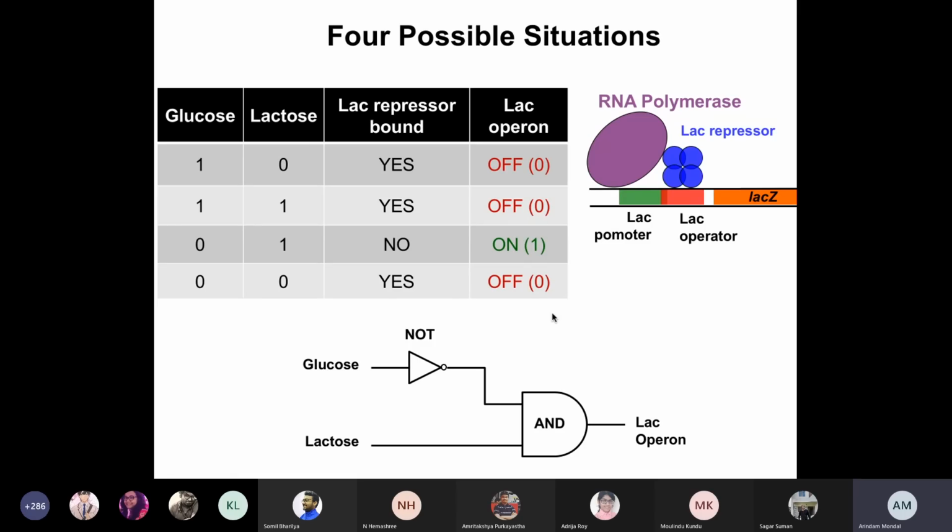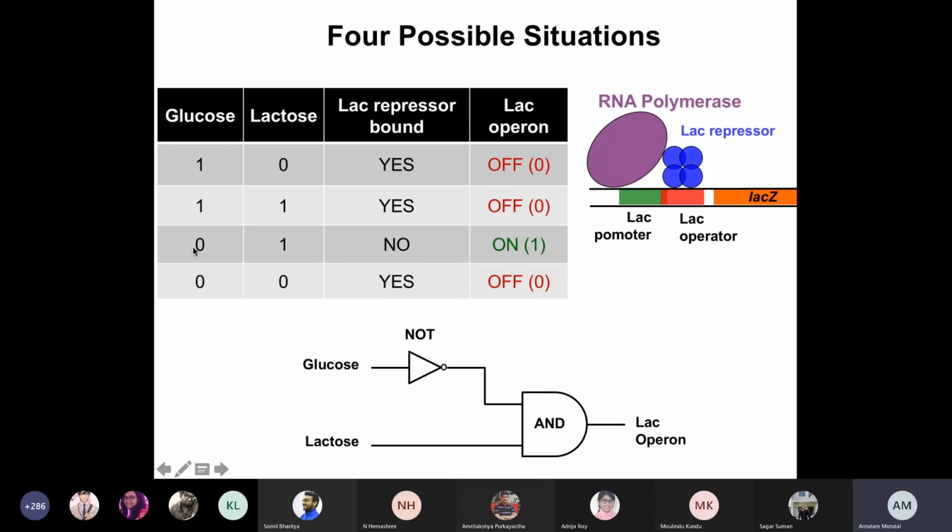So you see, if there is glucose, there will be lactose. So there will be an AND gate, right? So if there is glucose, that means 1 and 1, but the total outcome will be 0. So if there is glucose and lactose, it will remain switched off.